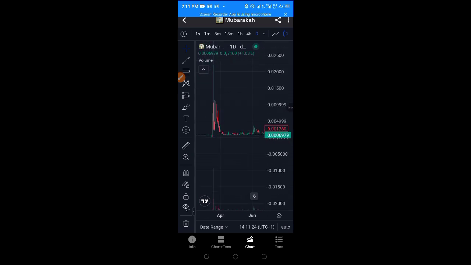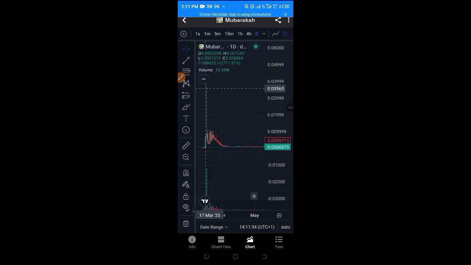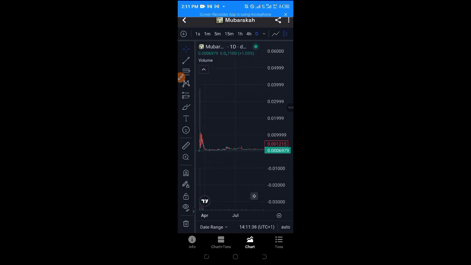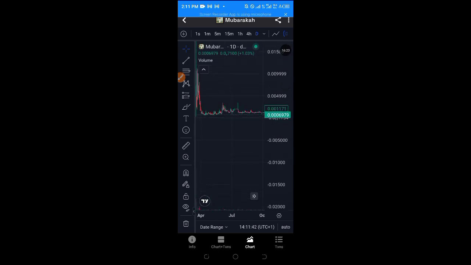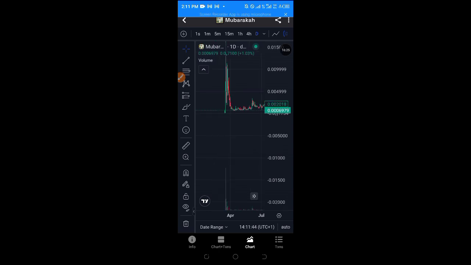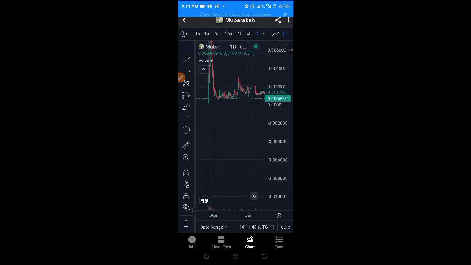I don't so much like this kind of token, because 4 days after it was launched, it reached an all-time high, and ever since then it has never come back to that stage. But since that time, it fell flat to almost the price it was launched, and then it has been going up a bit.